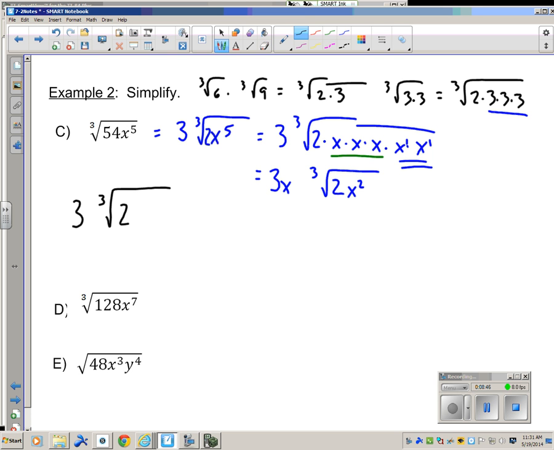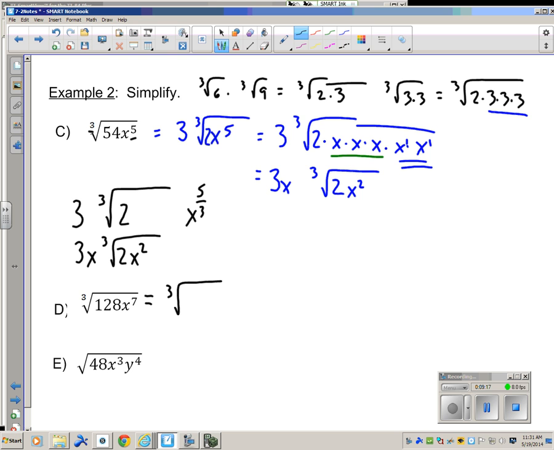You can think about the x to the 5th as the 5 up here divided by whatever that root is. And think about it, how many go in there evenly? Oh, 3 goes into 5 once evenly. So I can pull an x out. And then how many are you left over with? Well, 5 minus 3, there's 2. So I'm left with 2 of those. So I get 3x times the cube root of 2x squared. So you can think of how many go in there evenly, or you can completely pull it apart like we did.